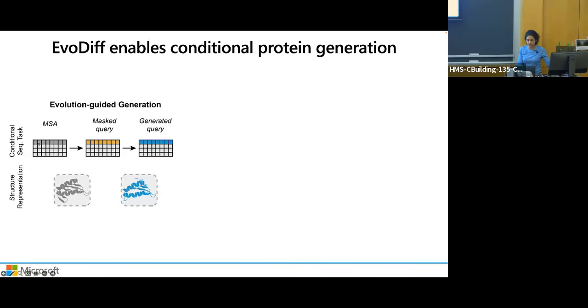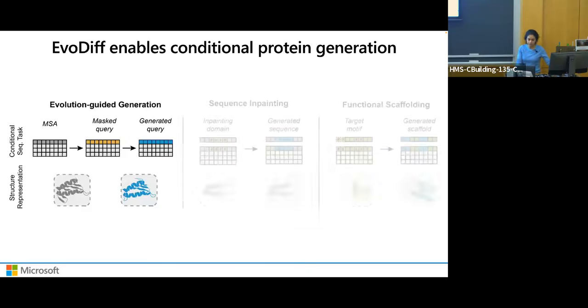And so the conditioning strategy there is that if we are given a multiple sequence alignment, you can mask only a single reference sequence, the query sequence, and leverage the remainder of the information in the MSA as a form of conditioning to now have the model regenerate that individual query reference sequence. And the concept here is that it would allow for generation of proteins that are related, say, of the same family as that has been specified in the MSA.